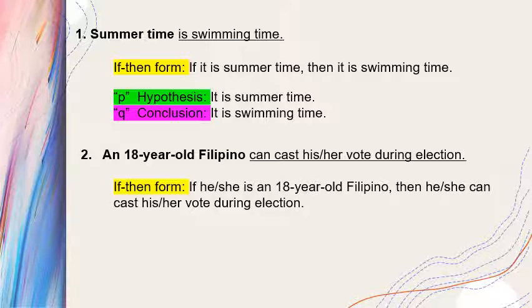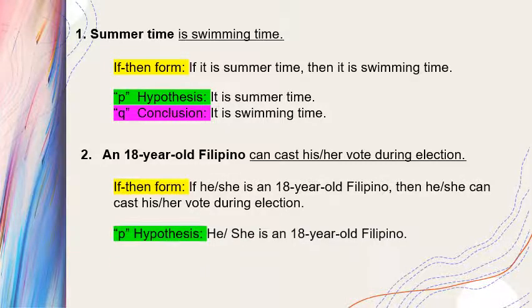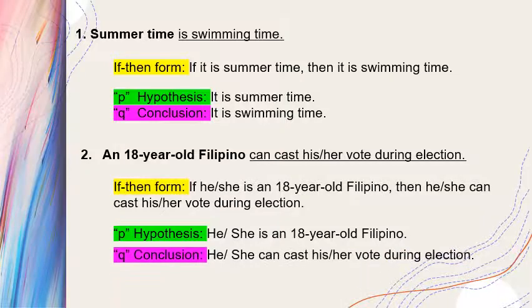In if-then form, if he or she is an 18-year-old Filipino, then he or she can cast a vote during elections. The hypothesis P is he or she is an 18-year-old Filipino. Therefore, the conclusion Q is he or she can cast a vote during elections.